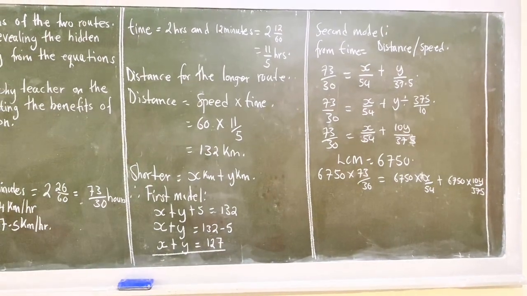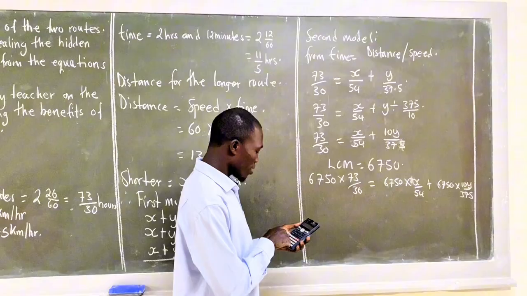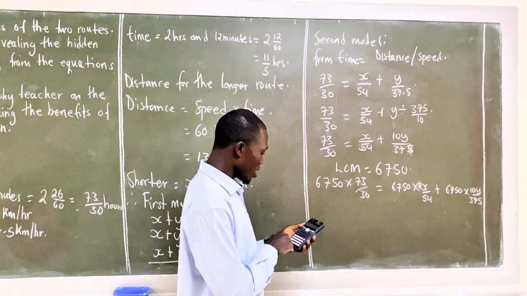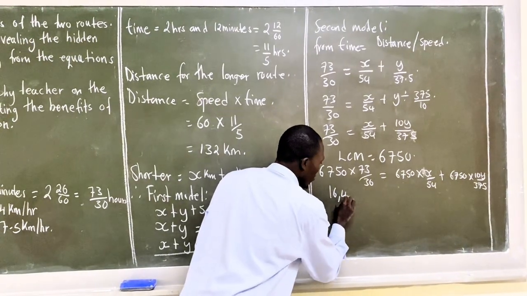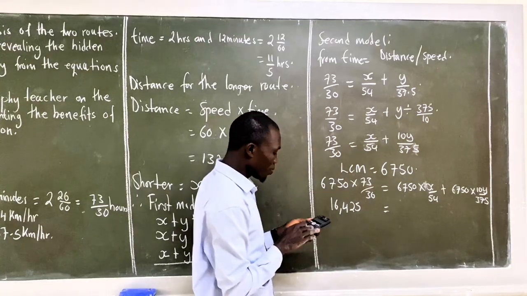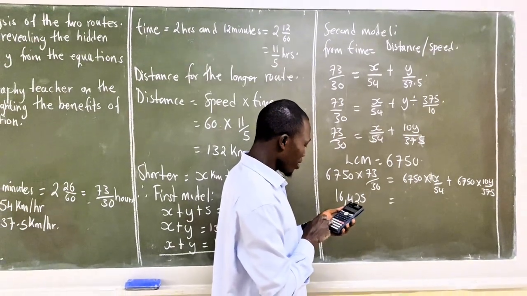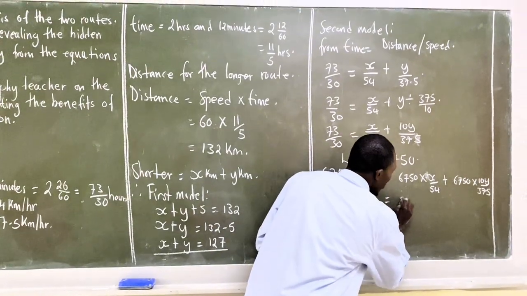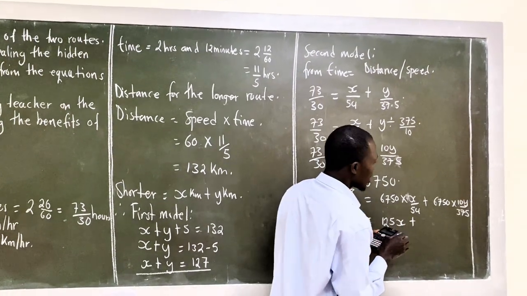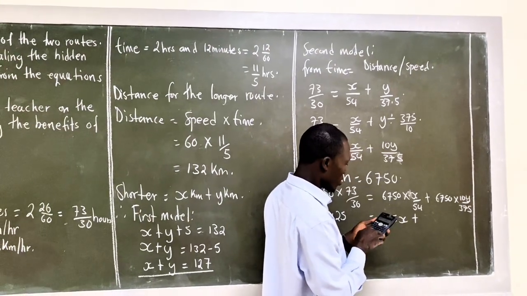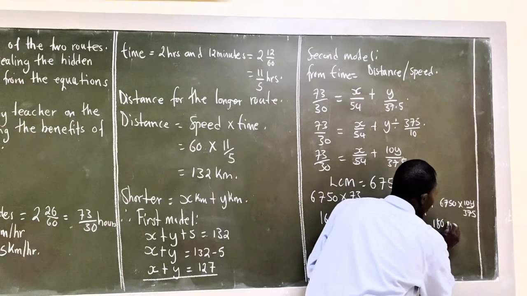Then if we try to simplify this further, the first one here we shall have 16,425 is equal to, this will give us 125x plus, if we multiply that, it will give us 180y.